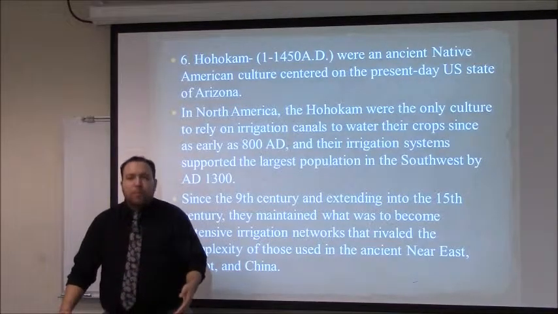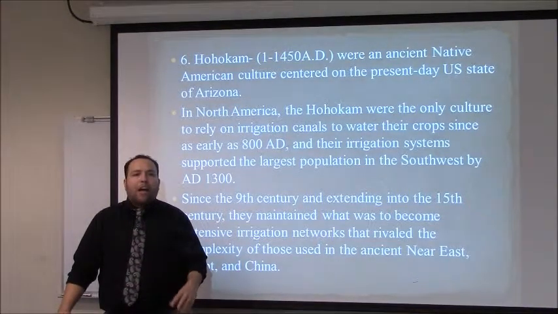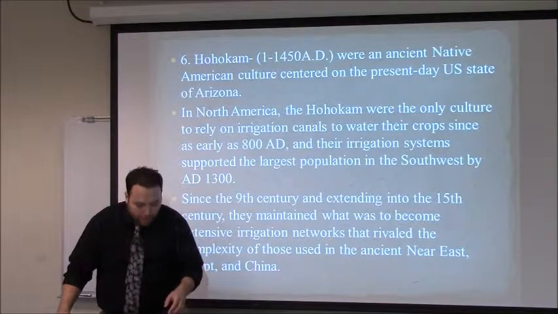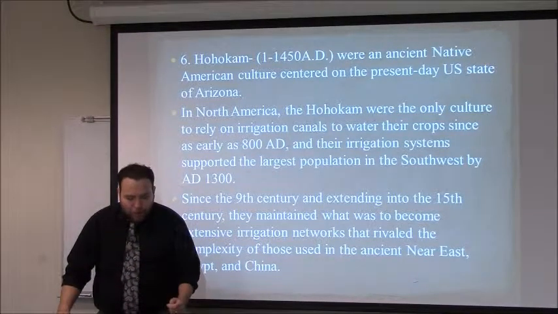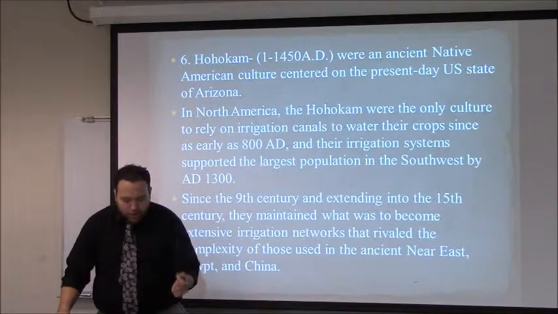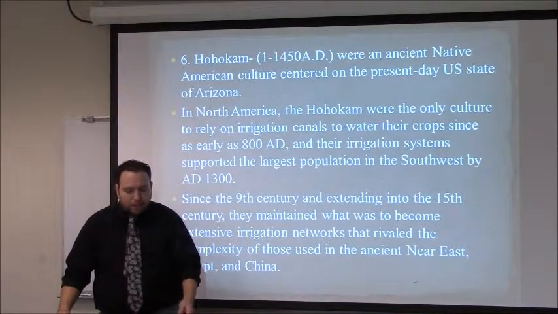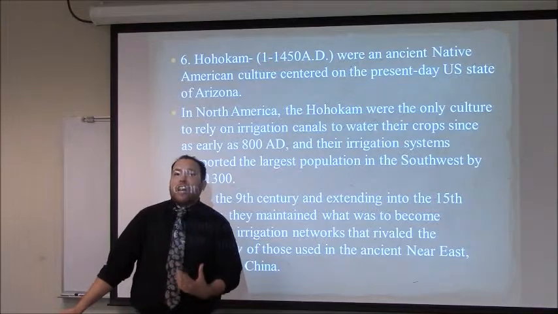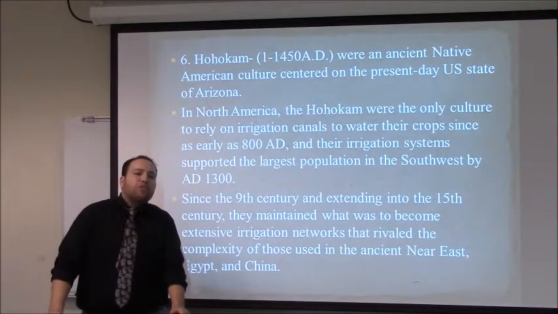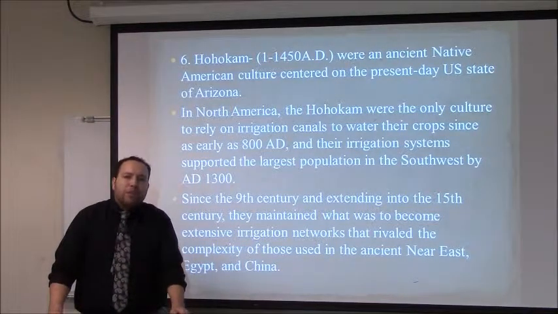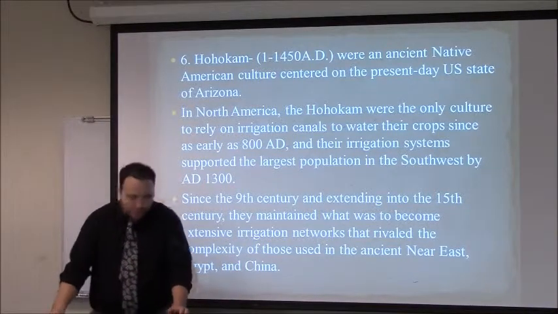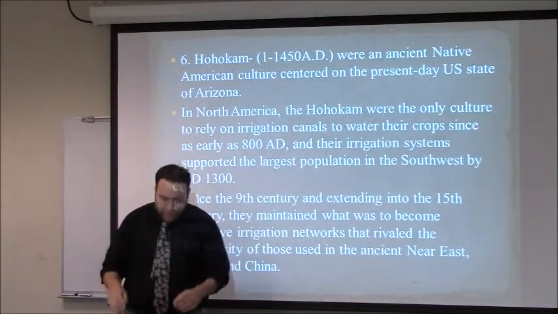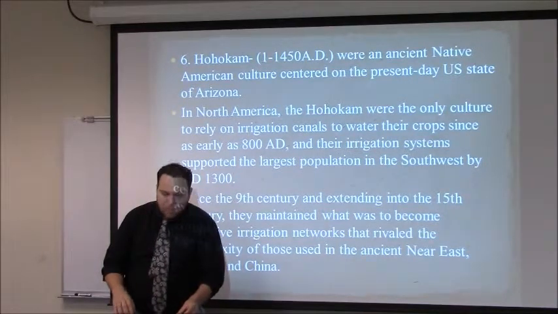However, aside from their buildings, they're most known for their agricultural techniques. The Hohokam were perhaps the most agriculturally developed of the Native American tribes. They were the only Native American culture to rely on irrigation canals to water their crops. They were the first to utilize the rivers in their areas and to form a very complex and extensive irrigation network.